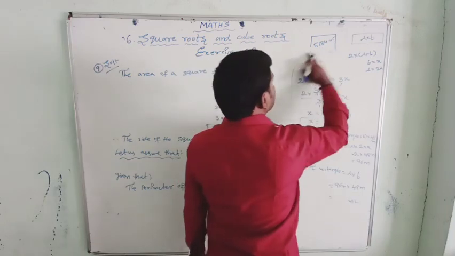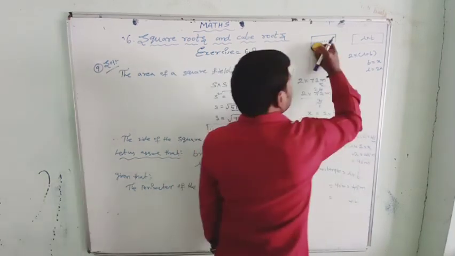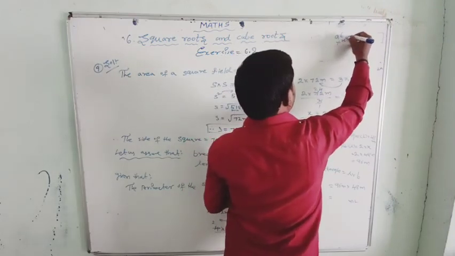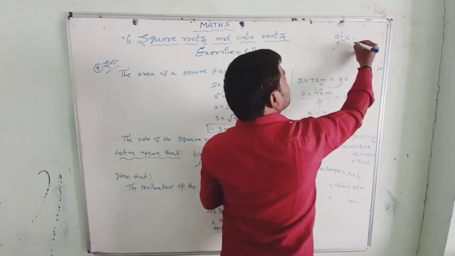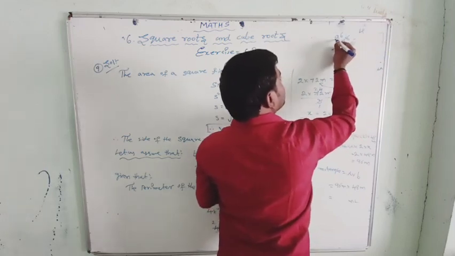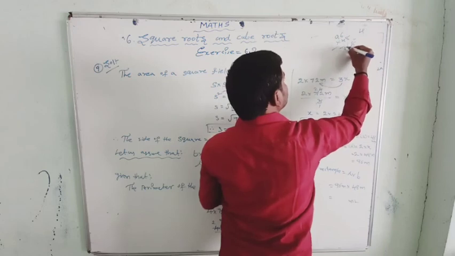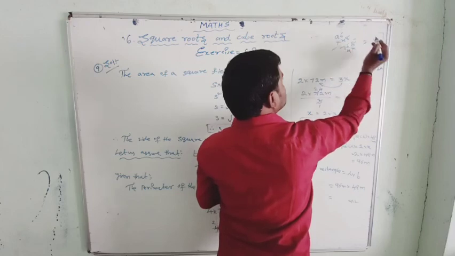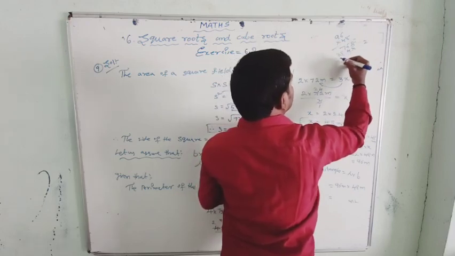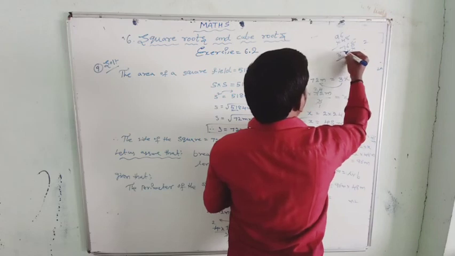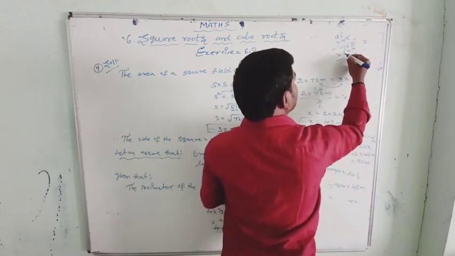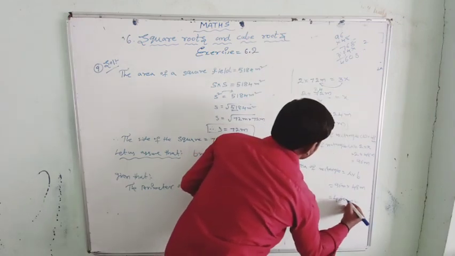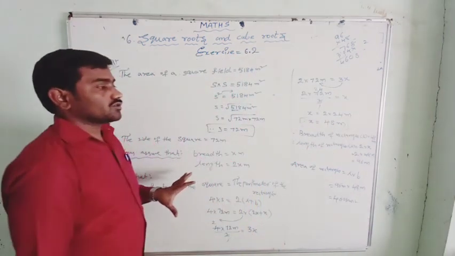We will multiply these: 96 into 48. 8 6s are 48, 4 carry. 8 9s are 72 and 4 is 76. 4 6s are 24, 2 carry. 4 9s are 36 plus 2, 38. Adding, we get 4608 meters square. So this is the answer.